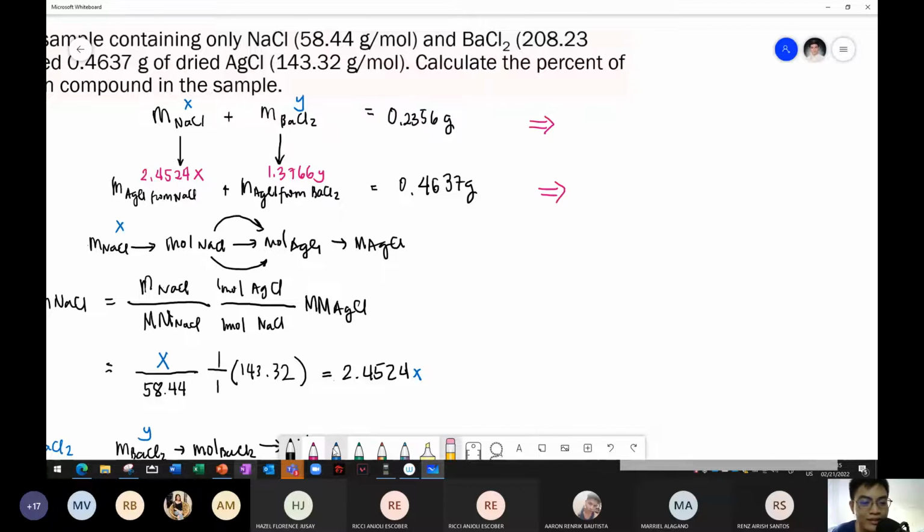Okay? So, ayan. So, x plus y is this, right? Okay. So, x plus y is equals to 0.2356. Okay? So, yung mass ng sodium chloride plus mass ng barium chloride equal siya sa 0.2356. Na? Ayun yung sinabi sa problem.